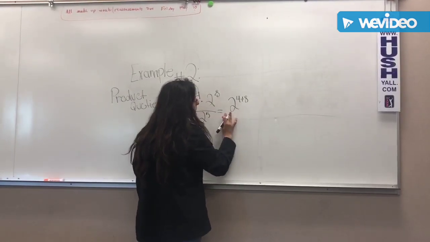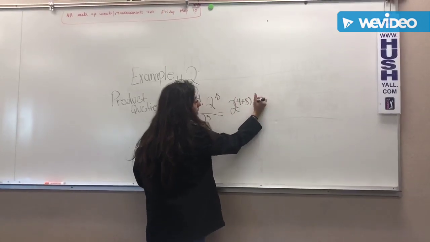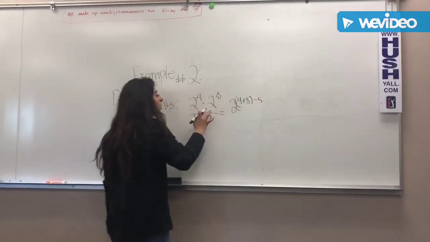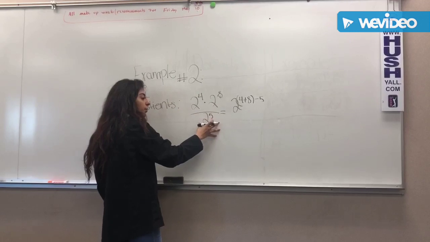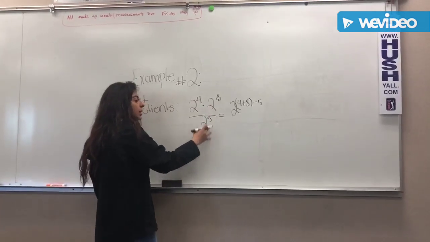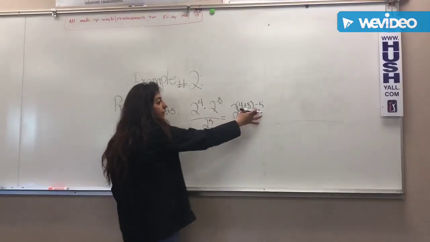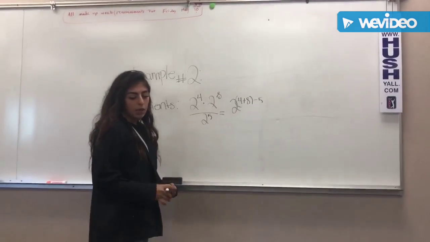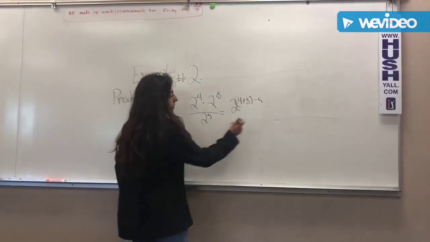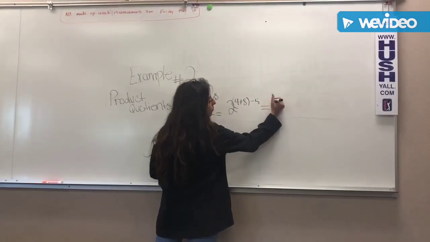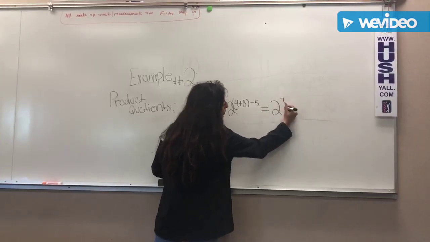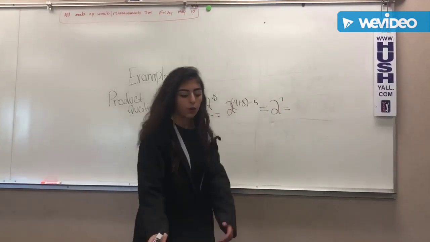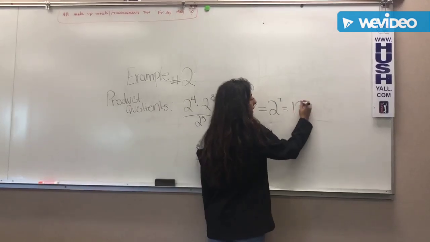Technically we could just do this in the parentheses and subtract 5, because when you have a division problem with these, that would mean that the 5 is being subtracted from this. Now when we simplify this, this would be 2 to the power of 7. And when we go further, this would be 128.